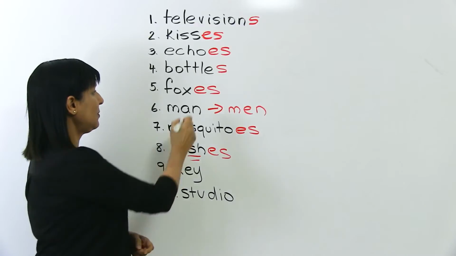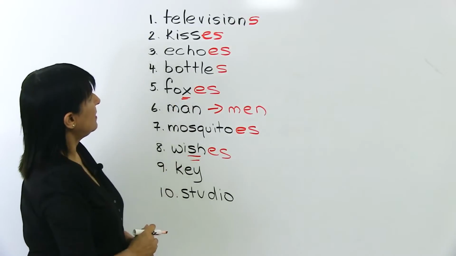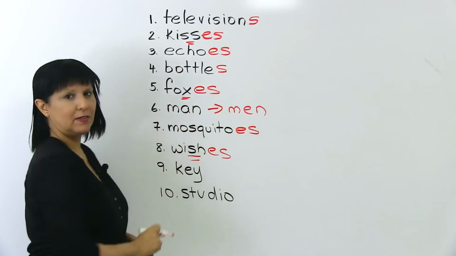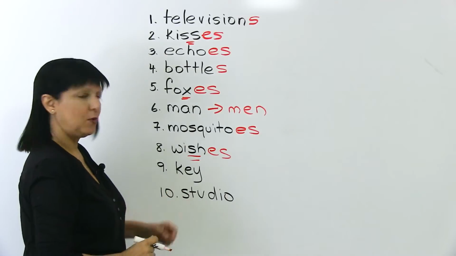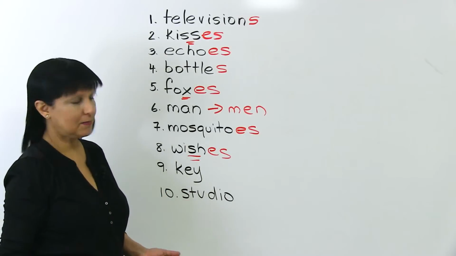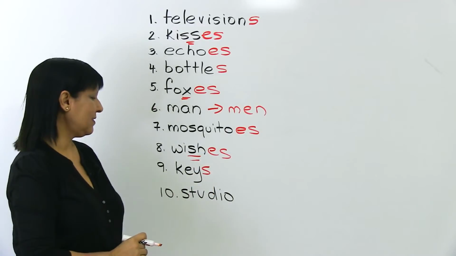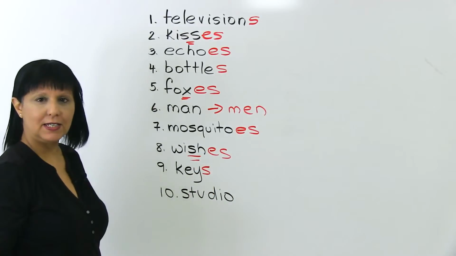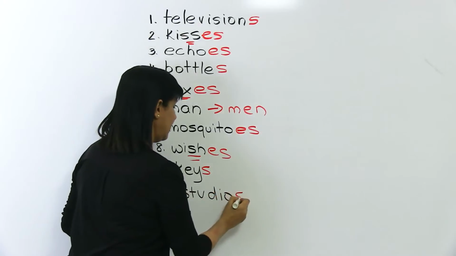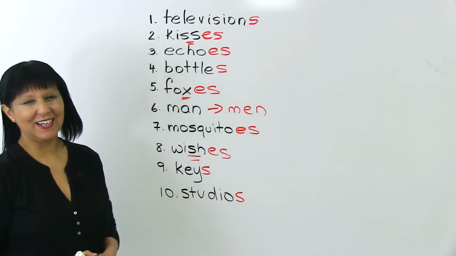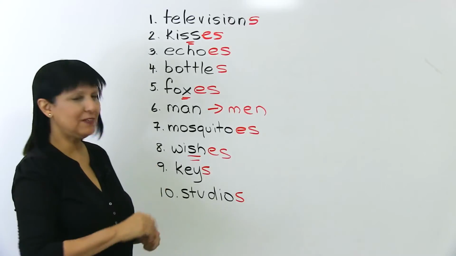All right, just like we had X here and S here. Okay, all right. 1 key, many keys. Okay, 1 studio and many studios.